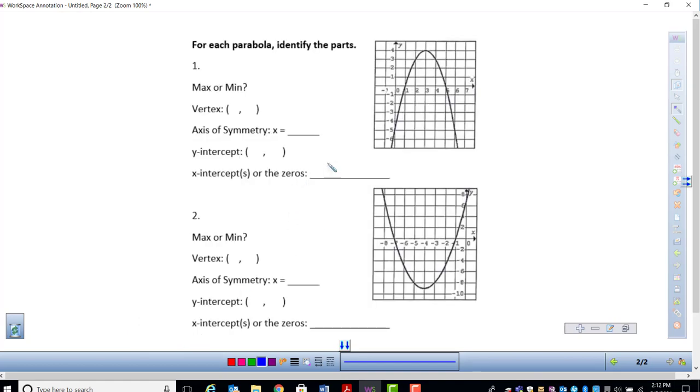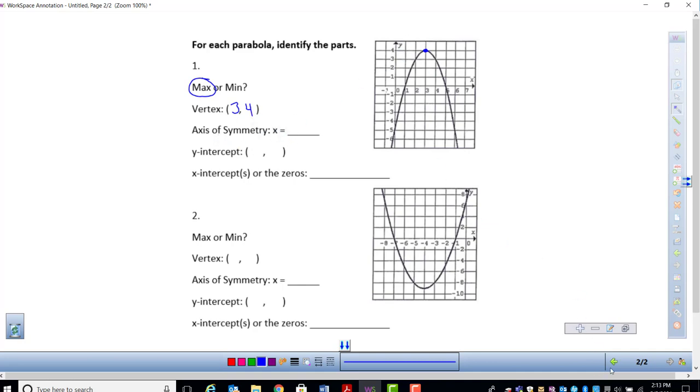So let's practice identifying the parts of a couple graphs. When I look at this one, first question is there a maximum or a minimum? So I look up here. Since our parabola is facing down, this is my maximum point. My vertex is my maximum point, which is at (3, 4). Axis of symmetry always starts with x equals.